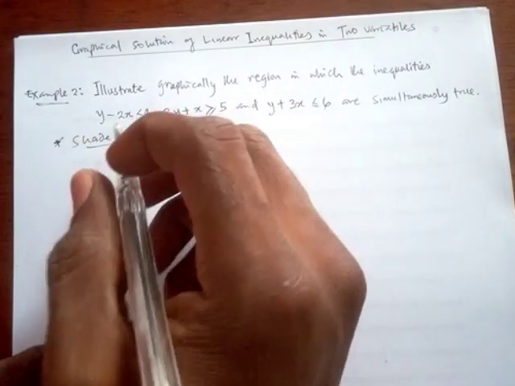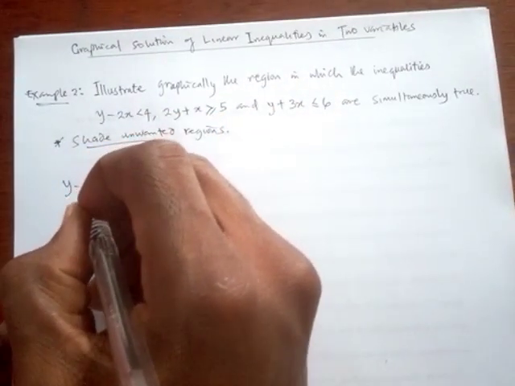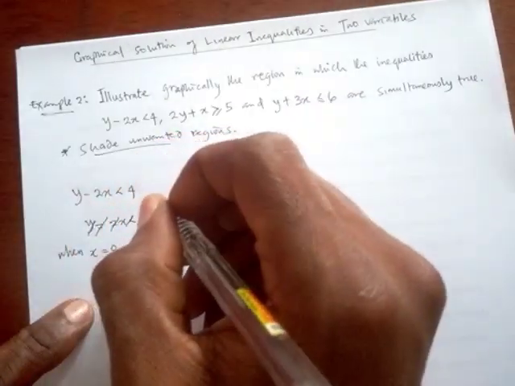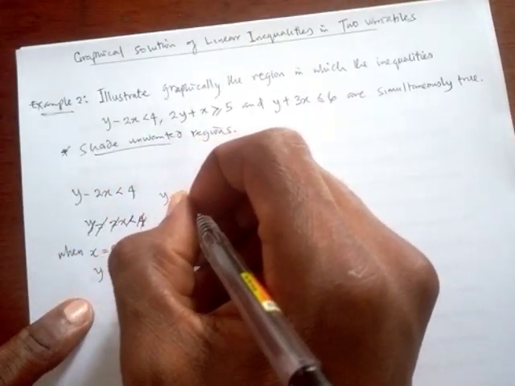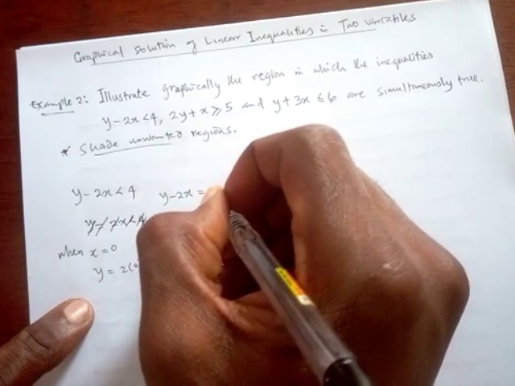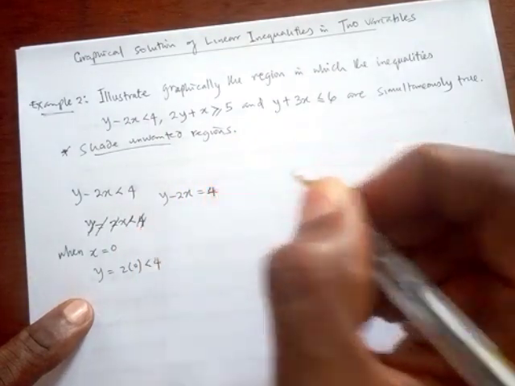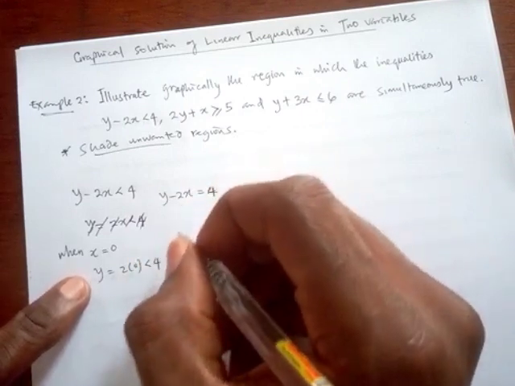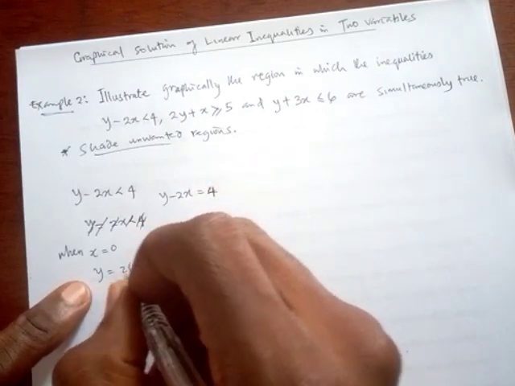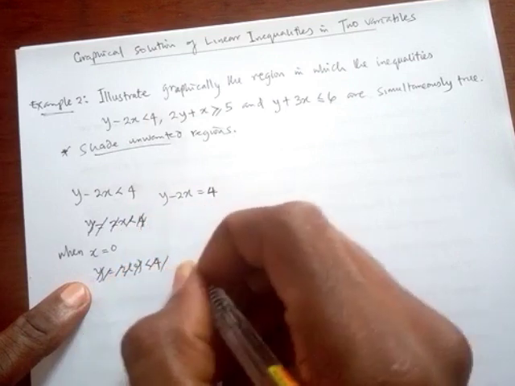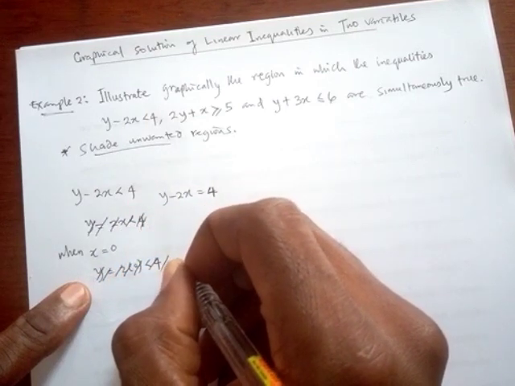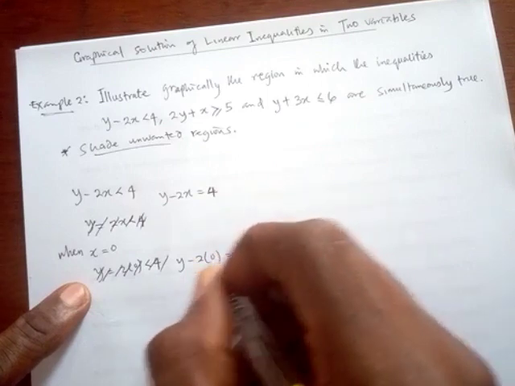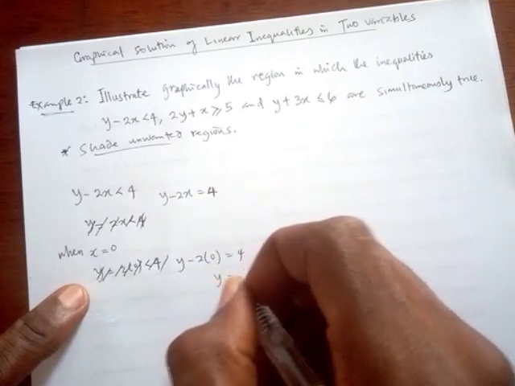So the first inequality is y minus 2x less than 4. We are going to draw the boundary line for y minus 2x is equal to 4. So when x is 0, we have y minus 2 bracket 0 equal to 4. 2 times 0 is 0, so y becomes 4.